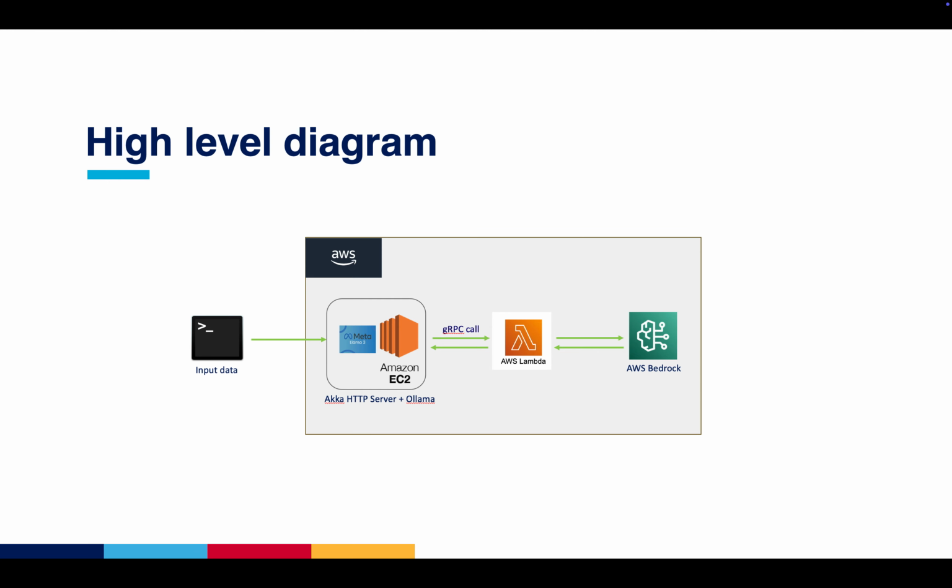The Akka server makes a gRPC call to AWS Lambda, which then routes the request to Bedrock. The reply from Bedrock is routed the same way back to Ollama, which is installed in Amazon EC2. So the conversation goes on between Ollama and Bedrock using Lambda and our Akka server. At last, the output is saved in a YAML file.